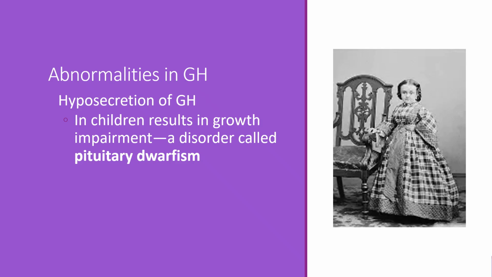Dwarfism, we're going to cover again at the end of the semester when we talk about genetics. There's more than 100 forms of dwarfism. The most common form is called achondroplasia, which is what you typically think of when you think of dwarfism, where they have a normal-sized trunk but shortened arms and legs. And that is genetic, and we'll talk about the anomaly associated with that at the end of the semester.